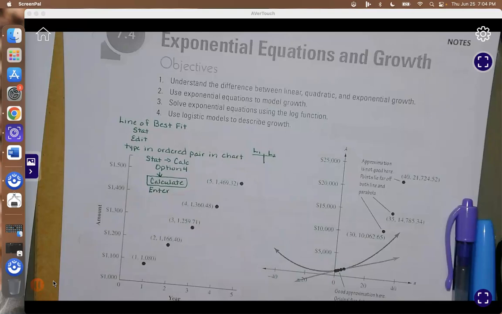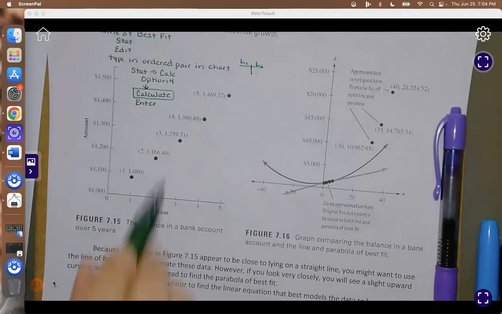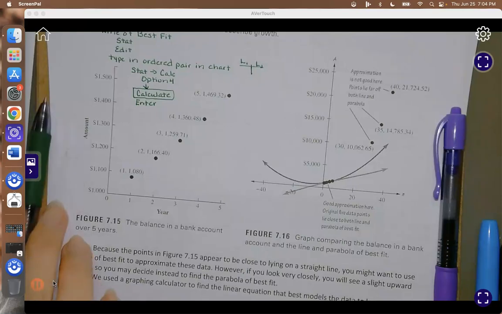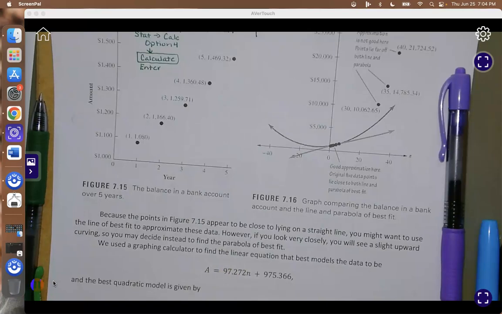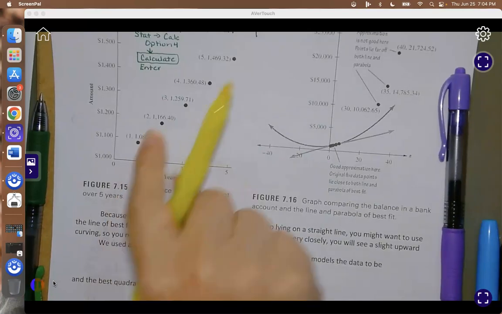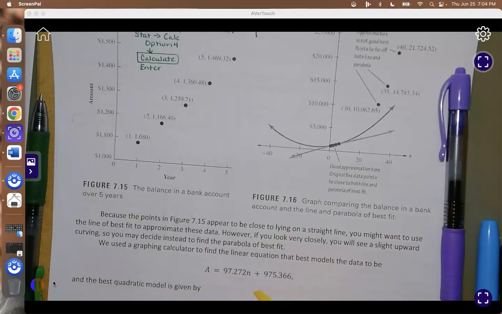Okay, and if we did that with this set of ordered pairs, it gives us this first equation right here. Because this line tends to be close to a straight line, you might want to use the line of best fit.